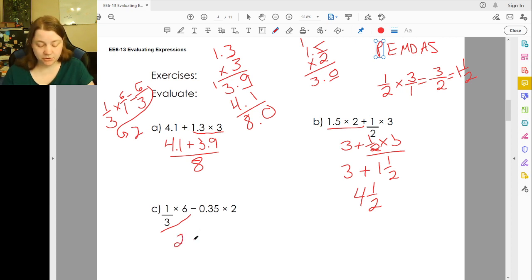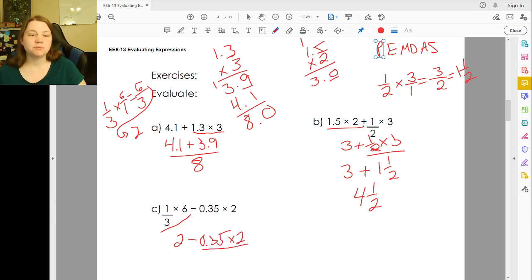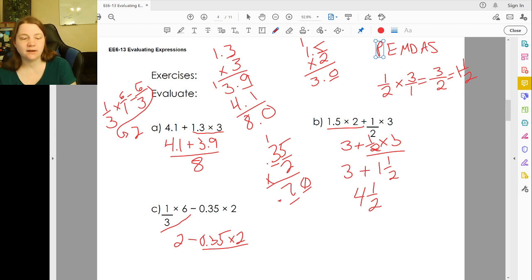So this becomes 2 minus 35 hundredths times 2. I'm going to multiply 35 hundredths times 2, so that's 0.35 times 2. 2 times 5 is 10. 3 times 2 is 6, plus 1 is 7. There are 2 numbers after the decimal, which means this is going to be 70 hundredths. Remember that I don't need to write this 0 because it's at the very end, and the decimal is already taken care of.